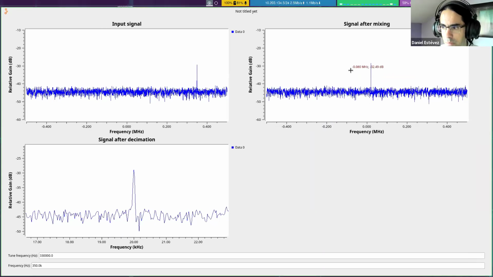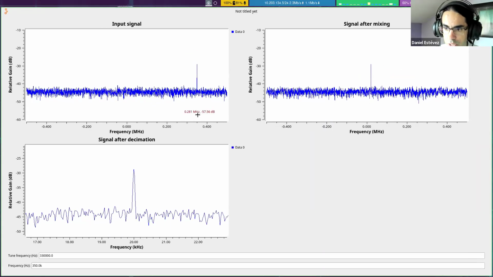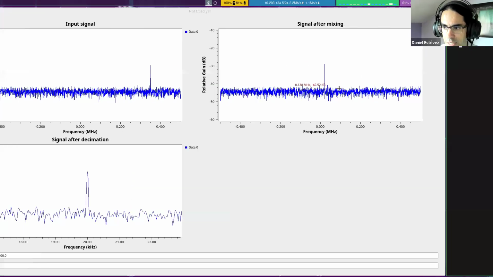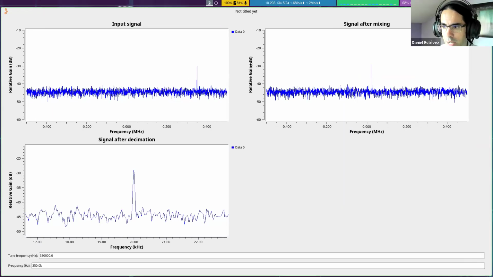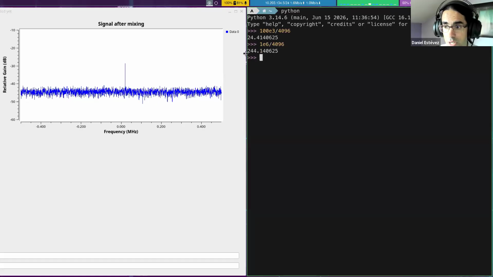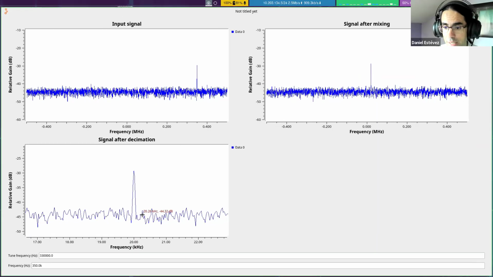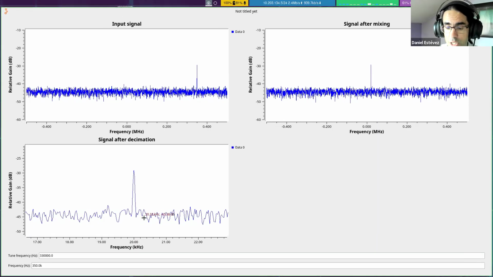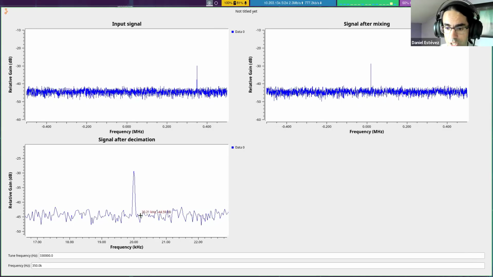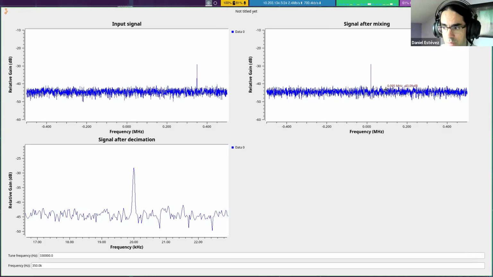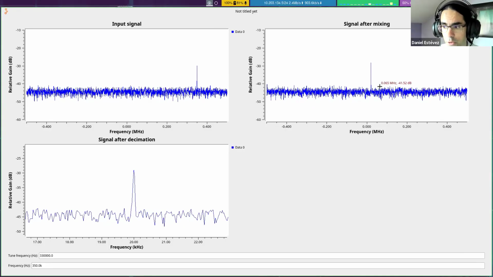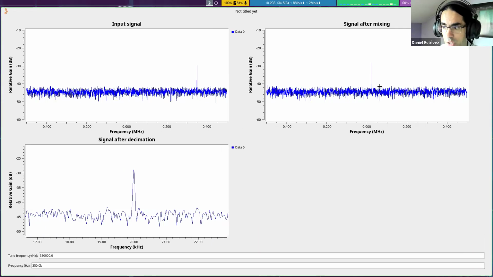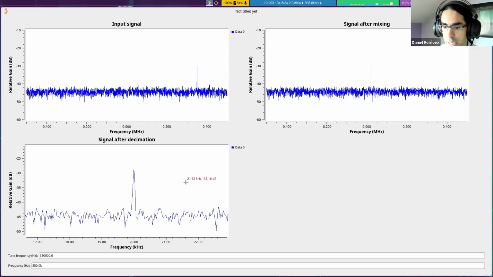And an FFT bin in this plot or in this plot, because they have an identical sample rate, I can write it like this, 244 hertz. So that's what's happening. Basically, the noise power corresponding to 24 hertz in this plot is the same as the noise power corresponding to 244 hertz in this plot.